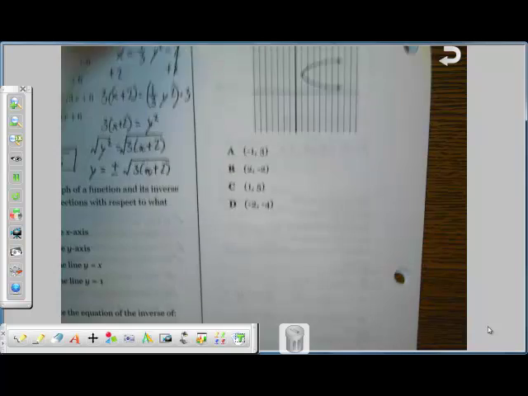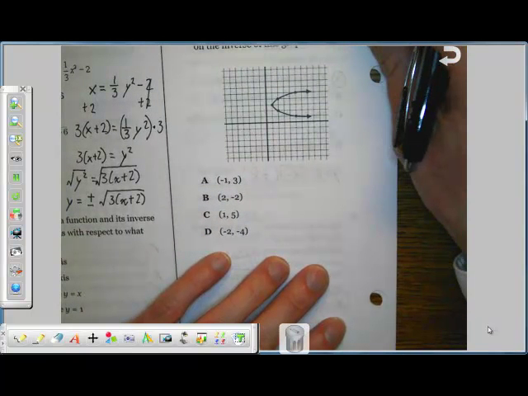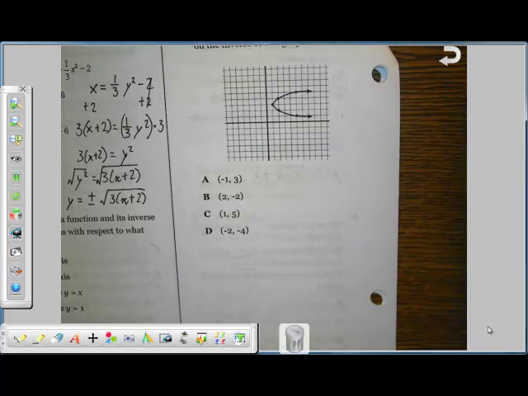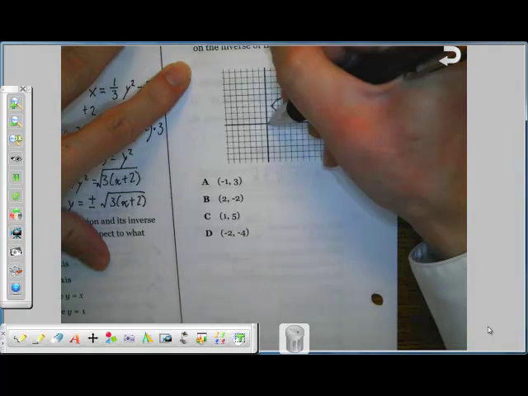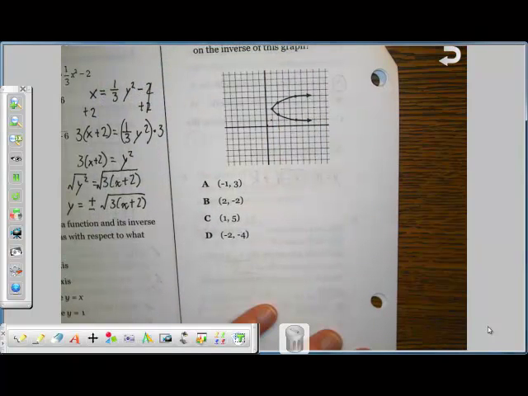All right. Let's take a look at 13. Which of the following points would be on the inverse of the graph? Okay. This one was a little bit of a doozy. The thing you had to recognize is that with a graph such as this, you would switch the x and the y. Now, they gave you some definite points.